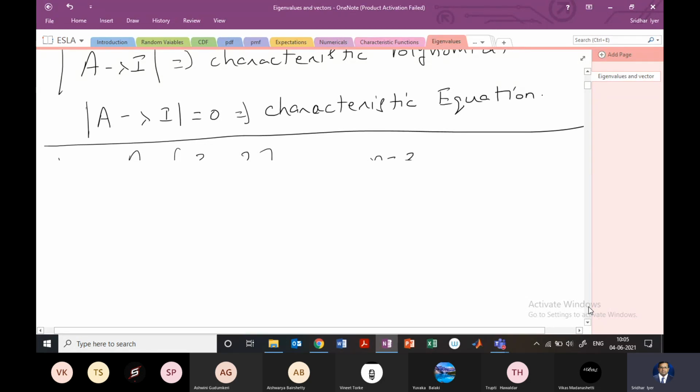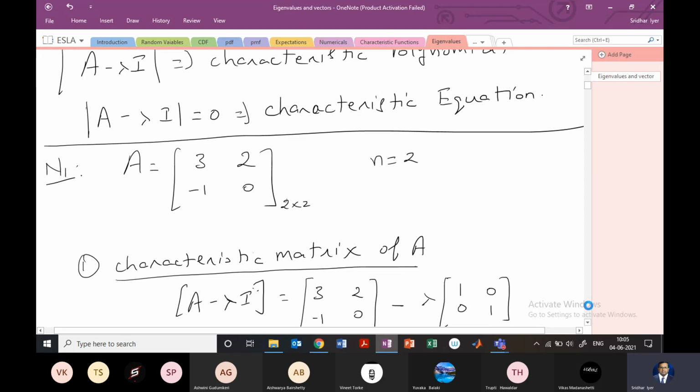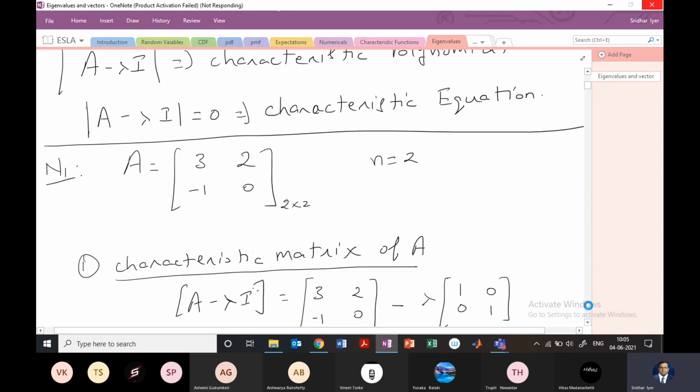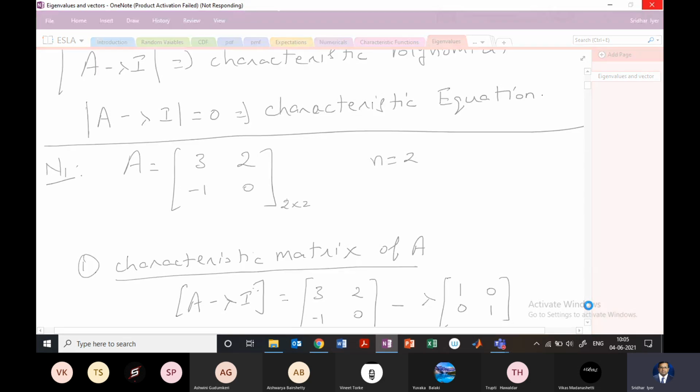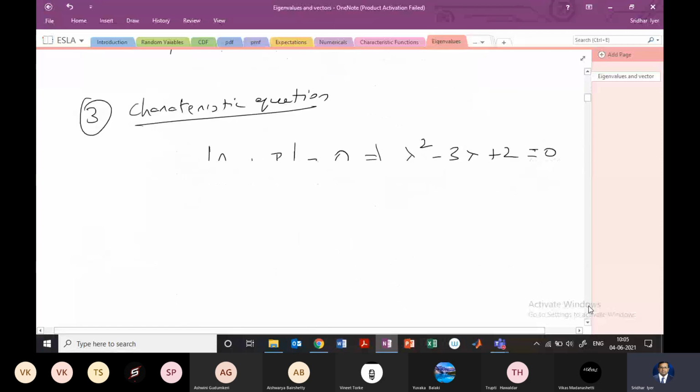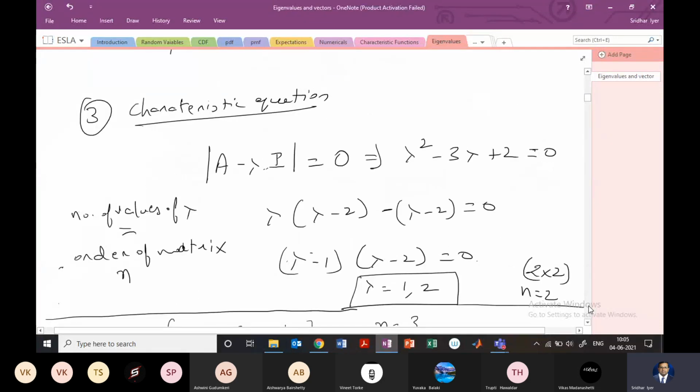The number of values of lambda will be equal to the order of the matrix which is given to us, right? So if the matrix given to us is a 2 cross 2 or a 3 cross 3 matrix, then the number of eigenvalues which we will get will be 2 if the order is 2 and 3 if the order is 3, right?